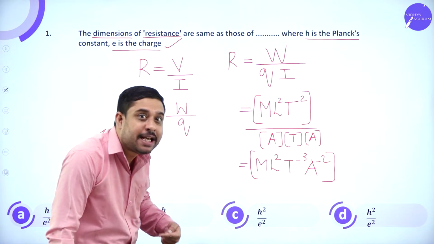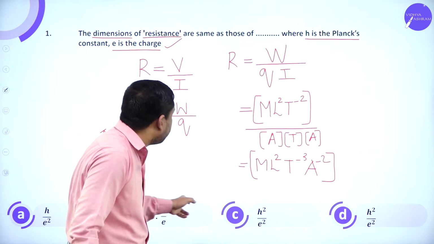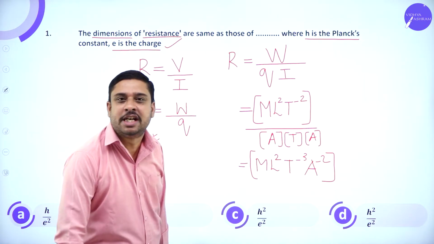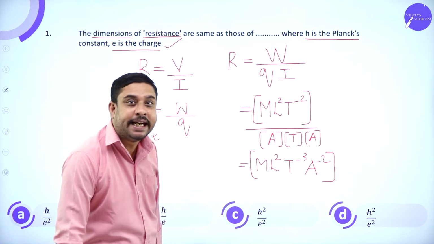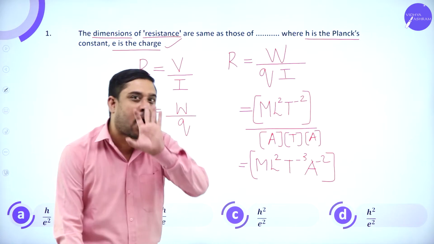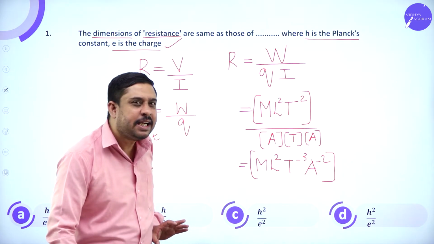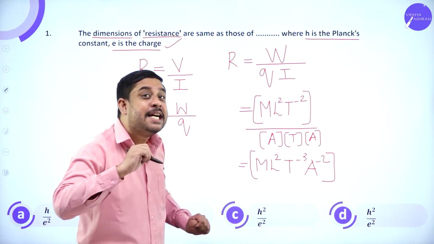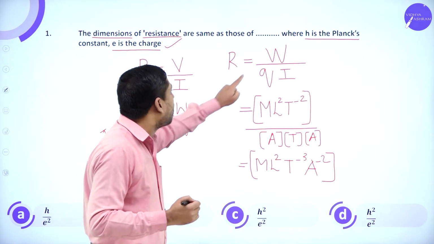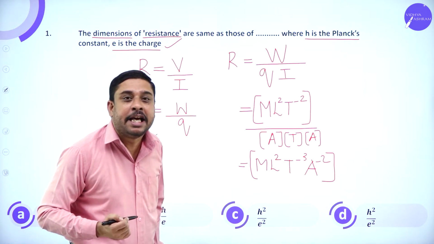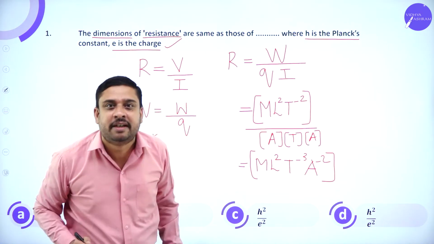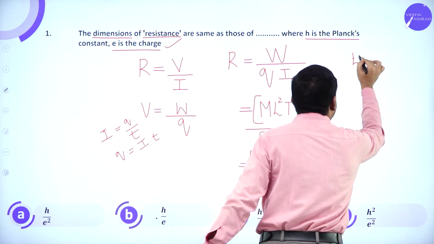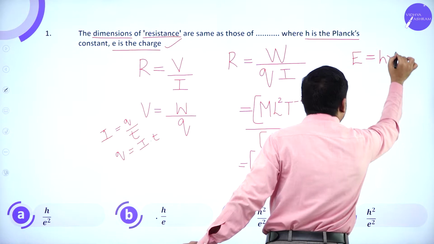Now I have to check which of the following options have the same dimensions. I'll give you the hint. One should be Planck's constant. Second, can we express Planck's constant in terms of energy? Because here work had the dimensions of energy. Very good. Energy of a photon, E is equal to h nu.